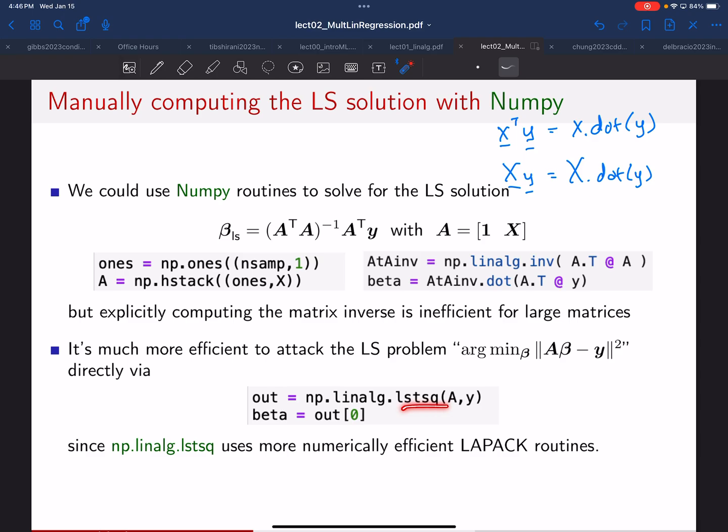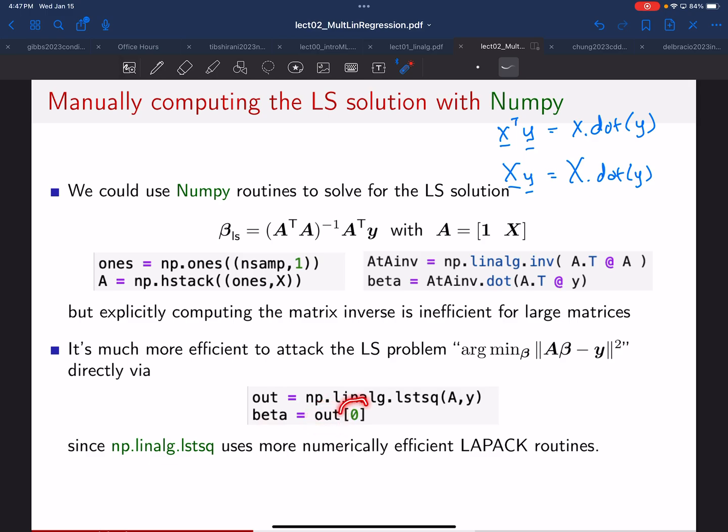It has very efficient algorithms that are better than this in terms of speed, but also in terms of precision and numerical robustness. This gives you out beta, but it also gives you some other things, maybe like the tolerance and so on. To get out beta, it's the first element of out that you want.